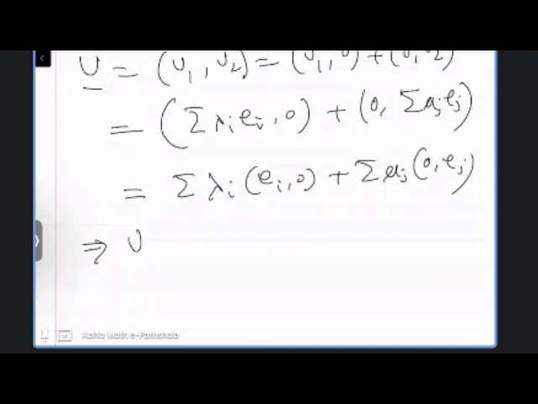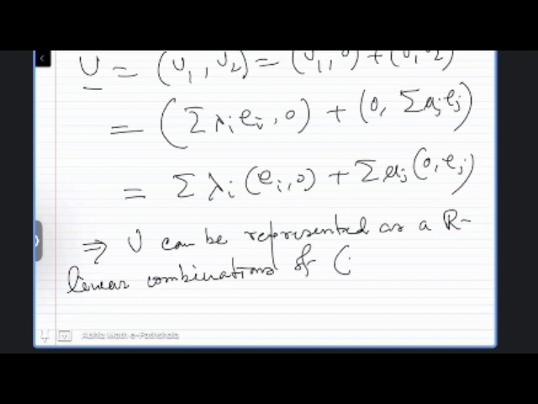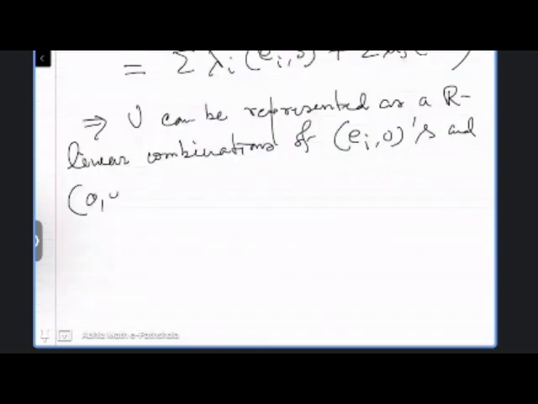So v can be represented as an R-linear combination of the vectors like (ei, 0) and (0, ej). Why is it R-linear?